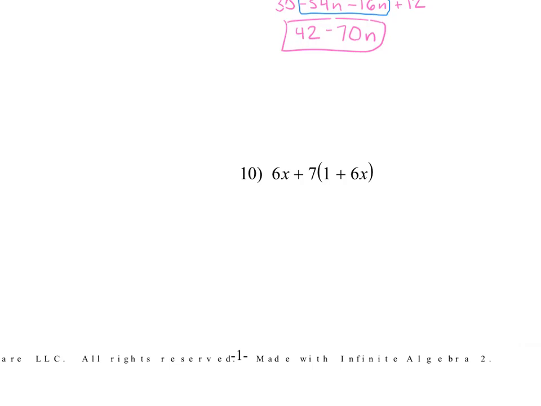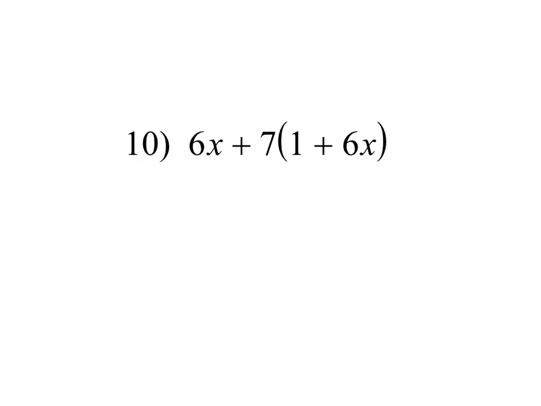Let's look at number 10. What should we do first? Distribute 7. So we have 6x plus 7 plus, what is 7 times 6x? 42x.